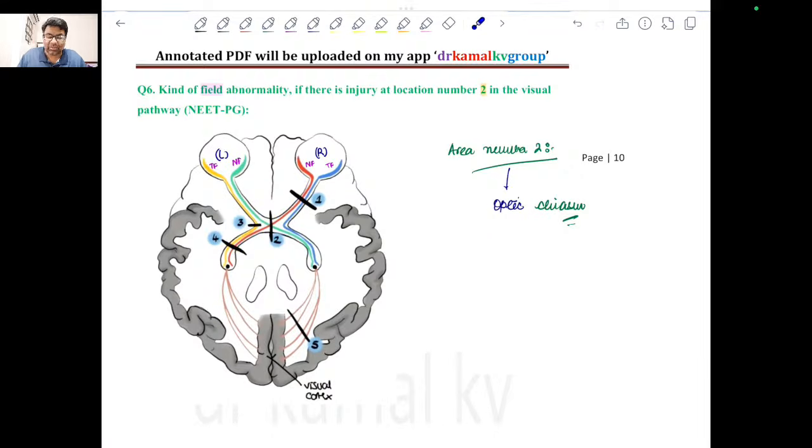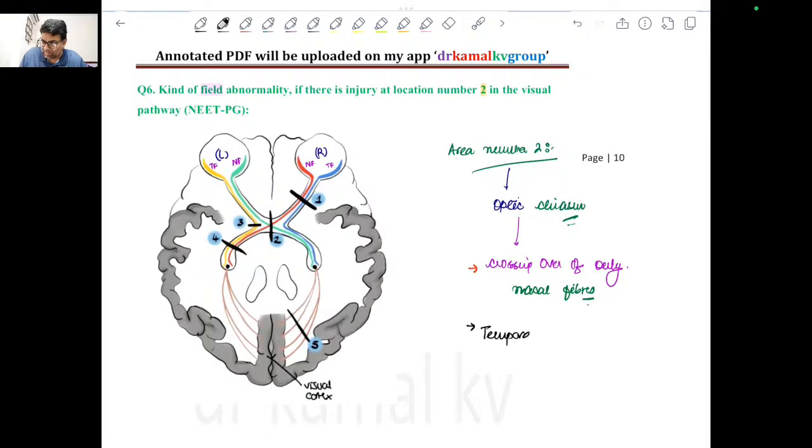So what is happening at the optic chiasma? There is crossing over of only, that's very important, only nasal fibers. Only the nasal fibers are crossing to other side. And now what is happening to the temporal fibers?